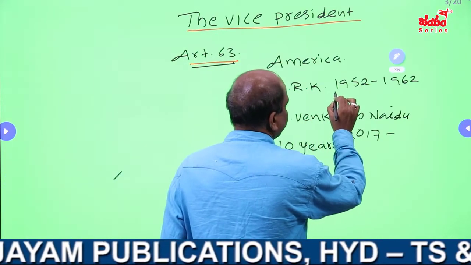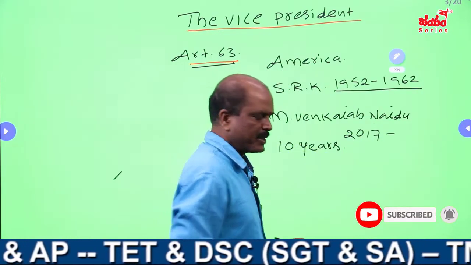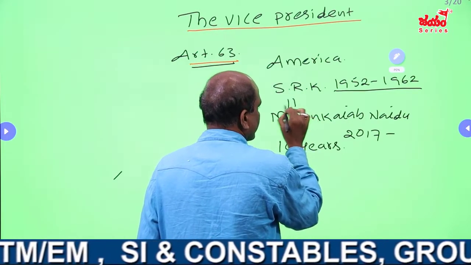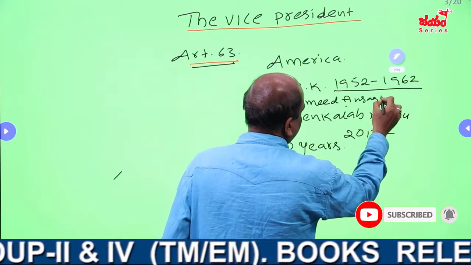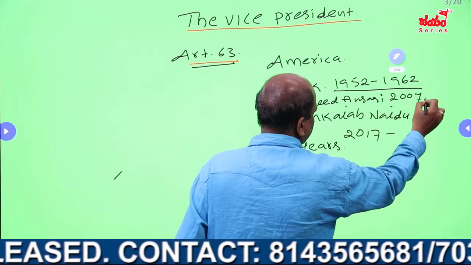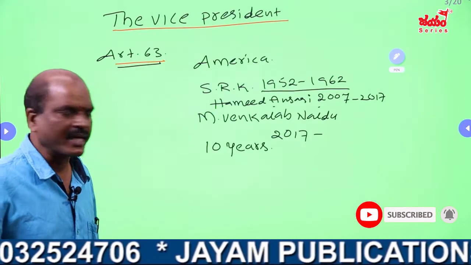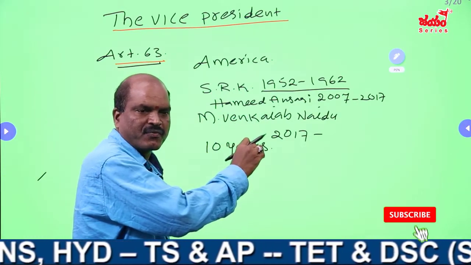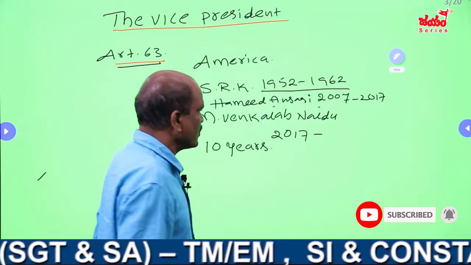From 1952 to 62 was Radhakrishnan's period, and Hamid Ansari's period was from 2007 to 2017. Both of them continued in the Vice President office 10 years each.